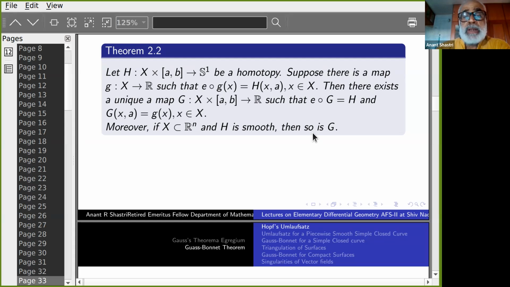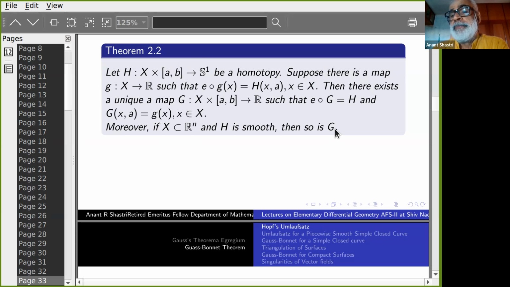Further, suppose X is a subset of Rn, then I can talk about smoothness of this function. Suppose H is given to be smooth, then automatically this G will be smooth.